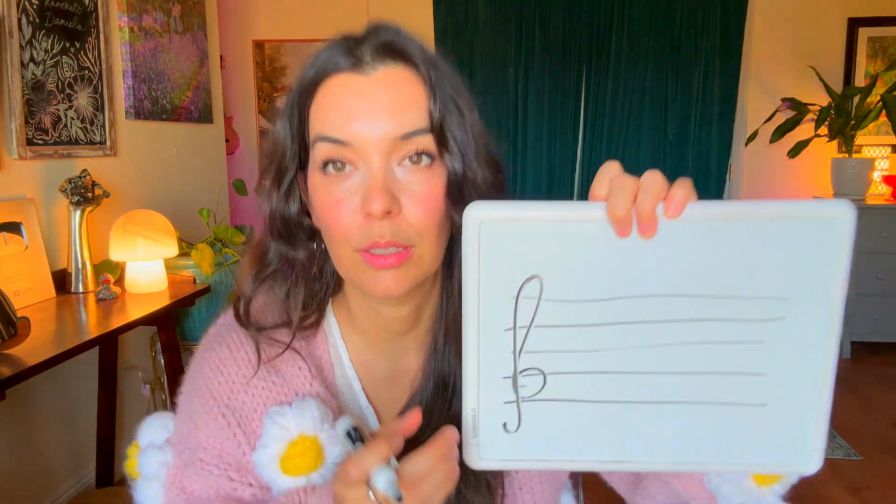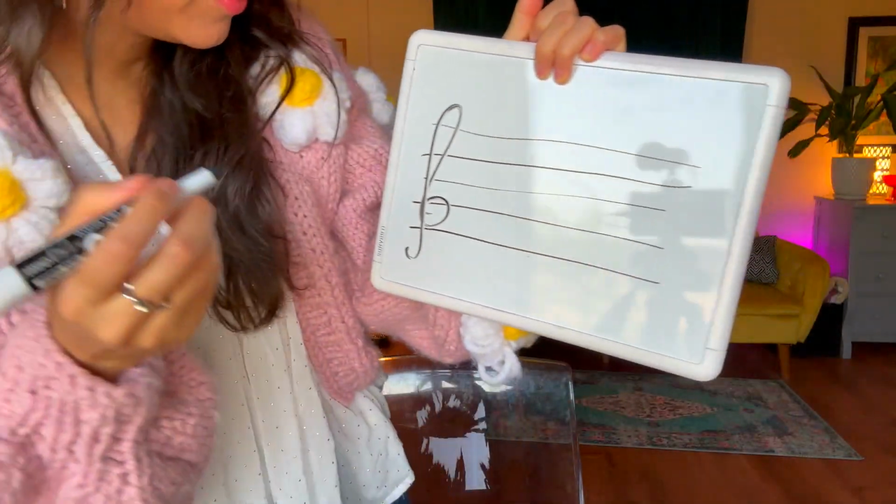Now, if I were to quiz you on this, I would be so strict. Let me show you how to do it wrong. This would be wrong, okay? I would be so strict in grading a quiz right now to make sure that you're drawing the notes correctly. So let's say that I gave you a quiz. It's the worst treble clef I've ever drawn.